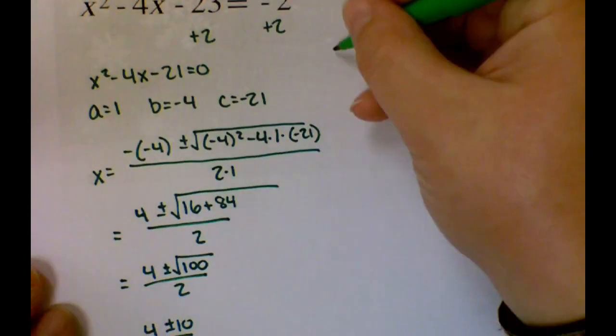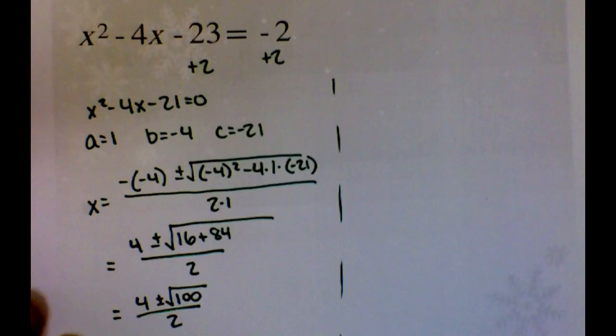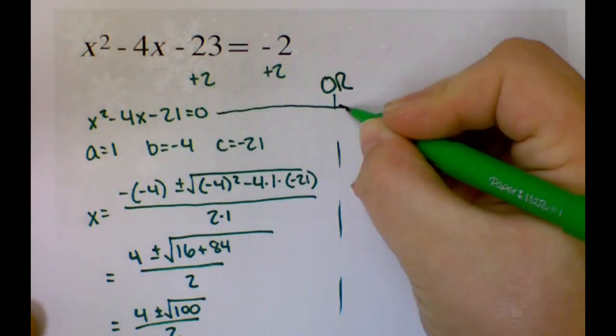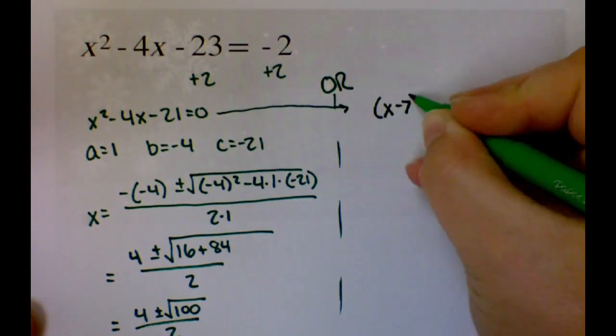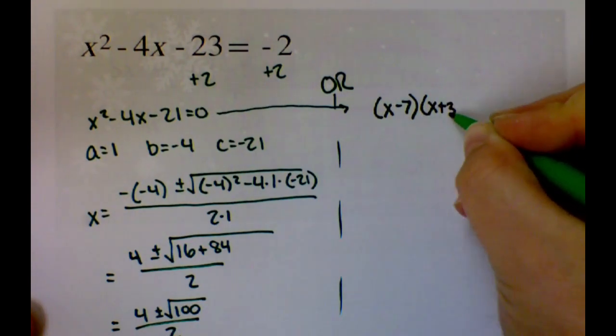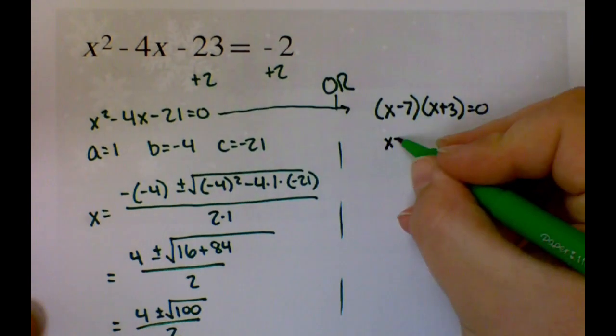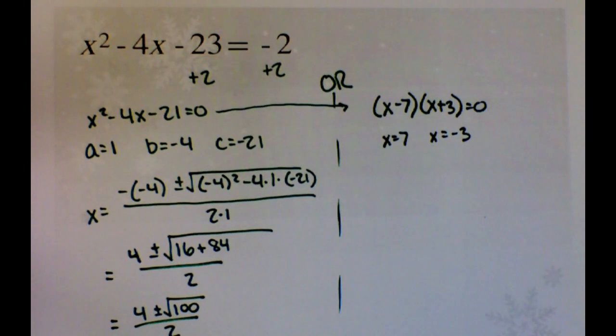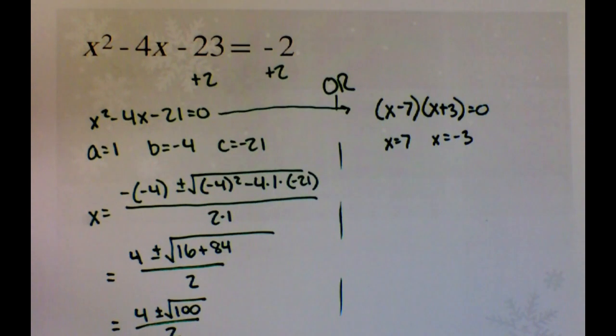So I could have skipped all of this work, or from right here I could have said, oh, well, that factors to x minus 7 times x plus 3. And then look at that, x equals 7, x equals negative 3, much more quickly than quadratic formula. The quadratic formula will always work.